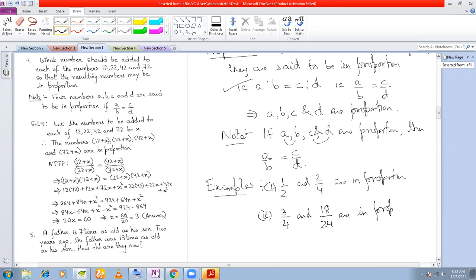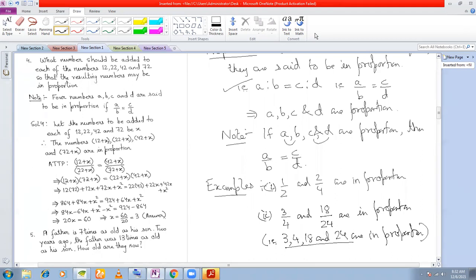That means here, what are the numbers that are in proportion? 3, 4, 18, and 24 are in proportion. So now you know that if four numbers are in proportion, A, B, C, D, they can be written as A by B is equal to C by D.